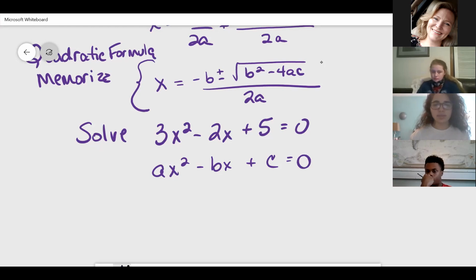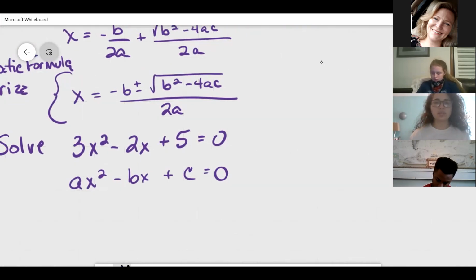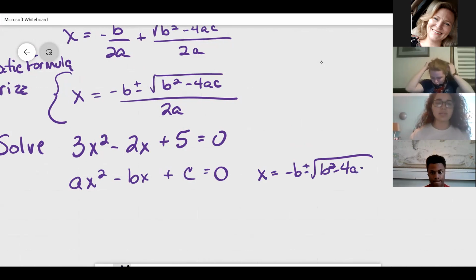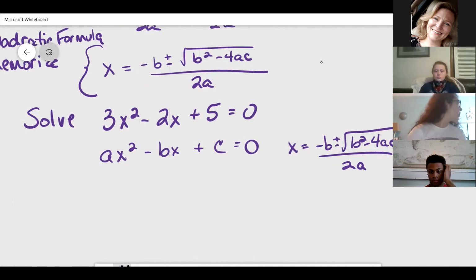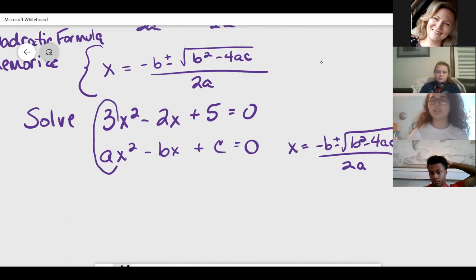Remember, that's where we started. And we said that if we start here, then x equals negative b plus or minus the square root of b squared minus 4ac over 2a. Okay, we've said that, right? So the same thing is going to apply up here. And what we want to do is match these ideas up.